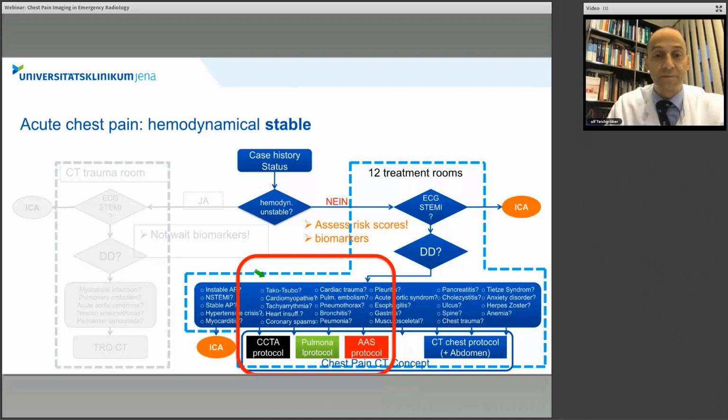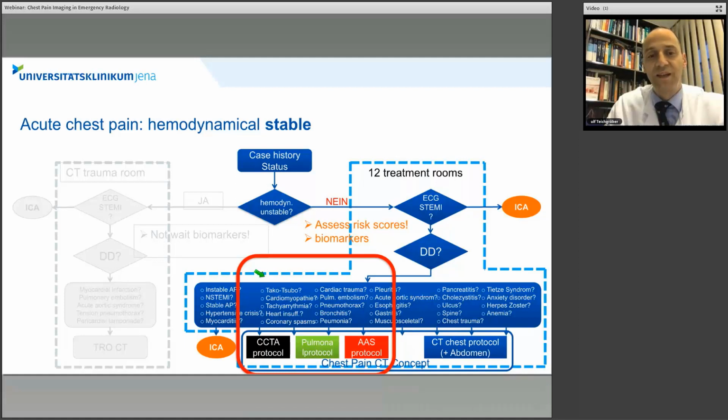And once you've clinically ruled out a situation like pancreatitis or back pain, because most of these patients who are hitting the door of the emergency department with the diagnosis of chest pain have definitely something else than probably a cardiac or a pulmonary problem. There's something which you have to face in the situation.